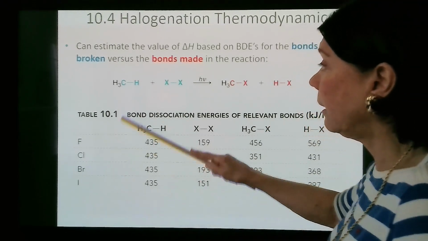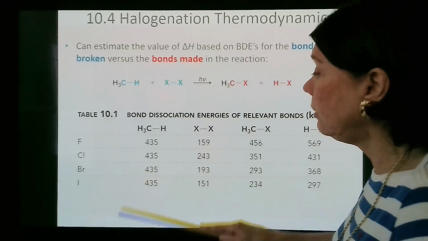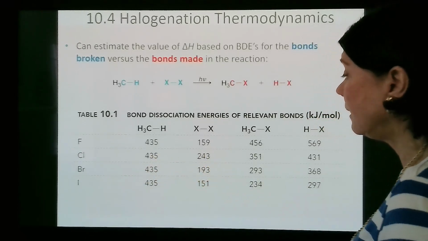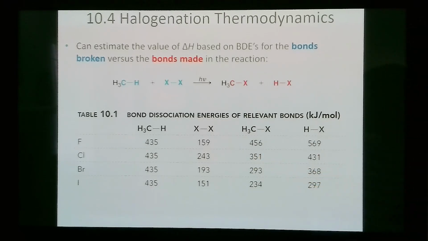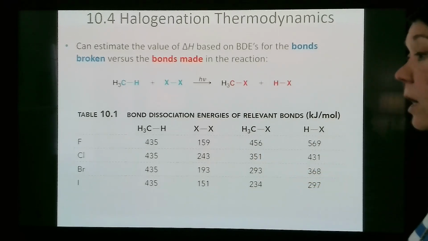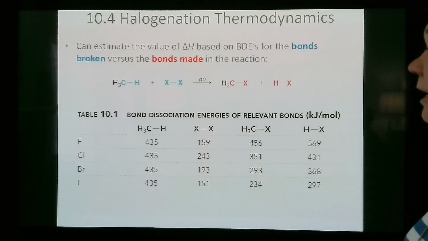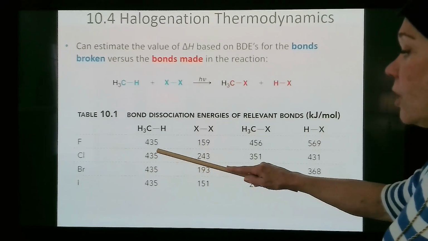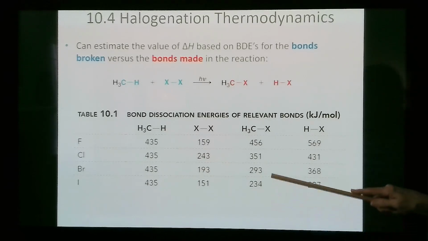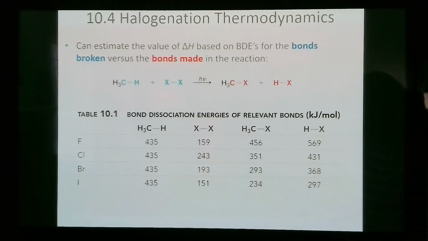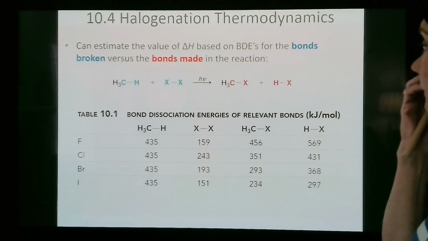So if we pick X equals chlorine, you're going to use these two added together minus the sum of these two added together. And that's going to be the way you're going to calculate it. The bond dissociation energies of the reactants minus the BDEs of the products.